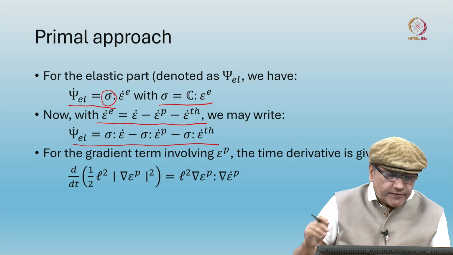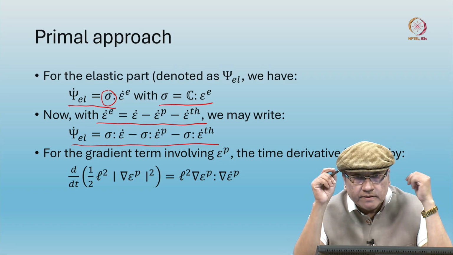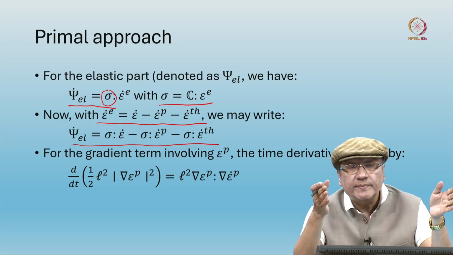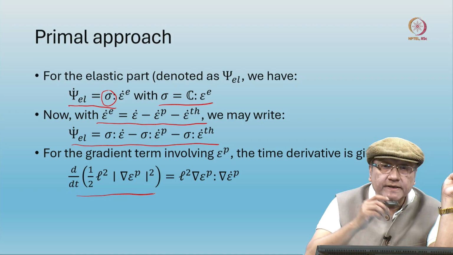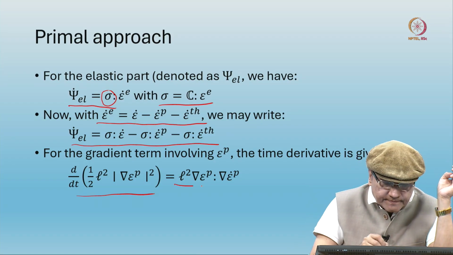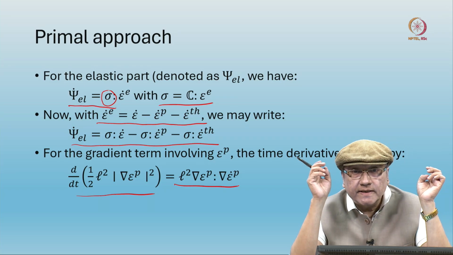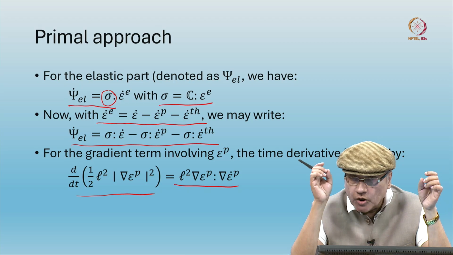So, for the gradient term involving epsilon p first, let us take the time derivative also, because that also appears as part of the free energies. So, d/dt of the gradient term involving epsilon p, that is the plastic strain, is simply this. So, this is the length scale square, gradient of epsilon p inner product with gradient of epsilon p dot.